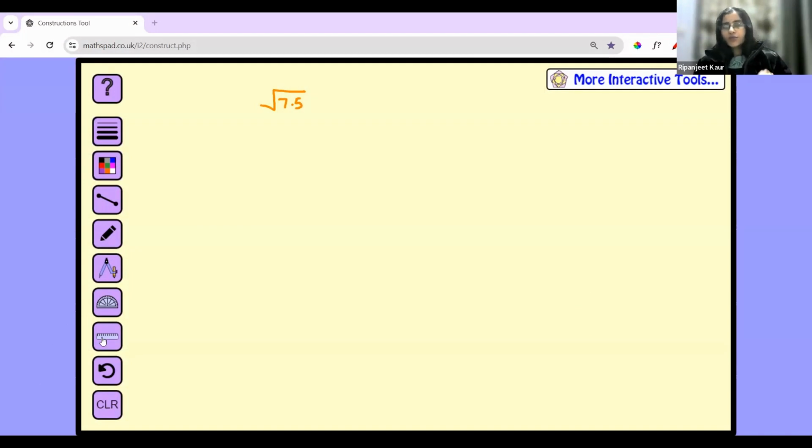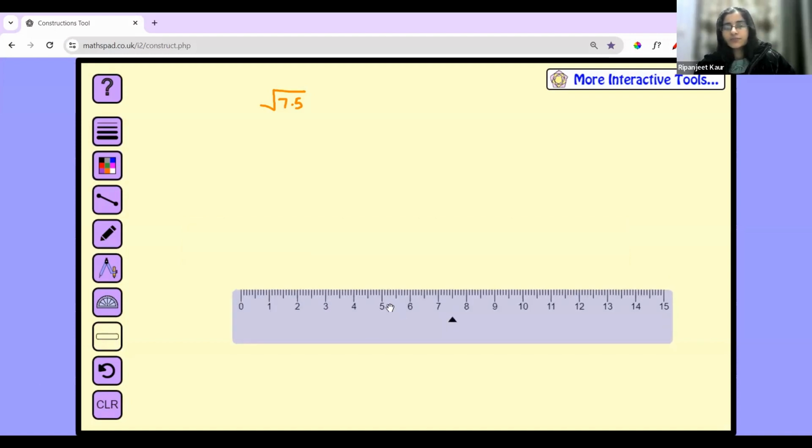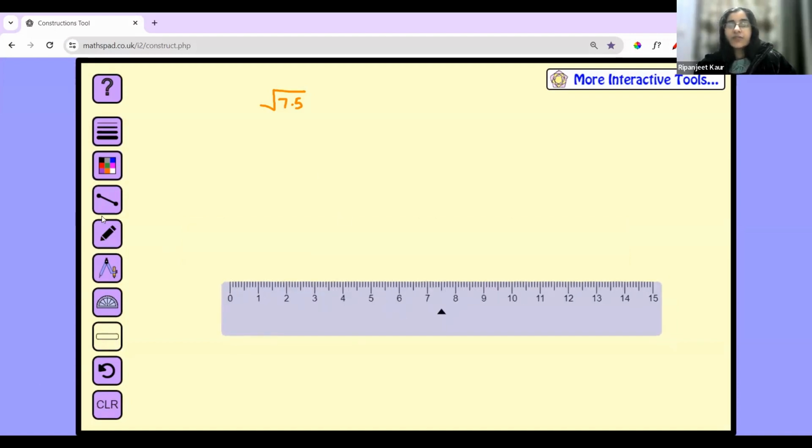For that, we will need a ruler, right? With the help of this ruler, we will first draw a line of 7.5, from 0 to 7.5.